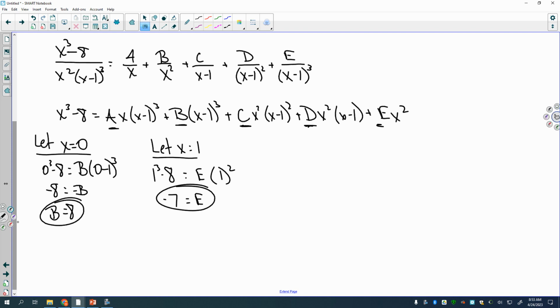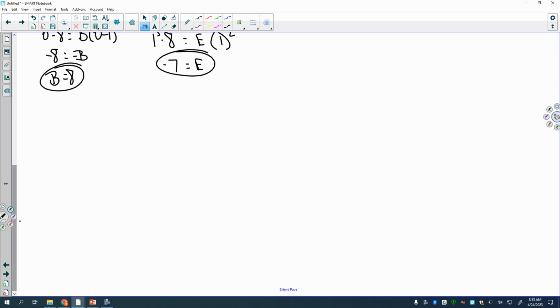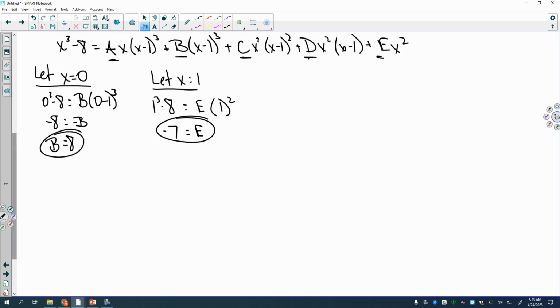So what I'm going to do is go ahead and plug in the b and the e into this equation right here. So right here, this becomes 8 times x minus 1 cubed.